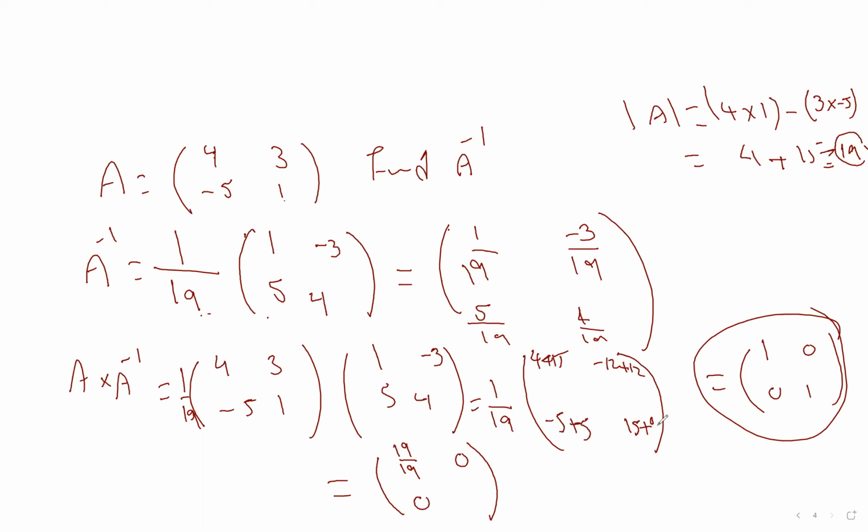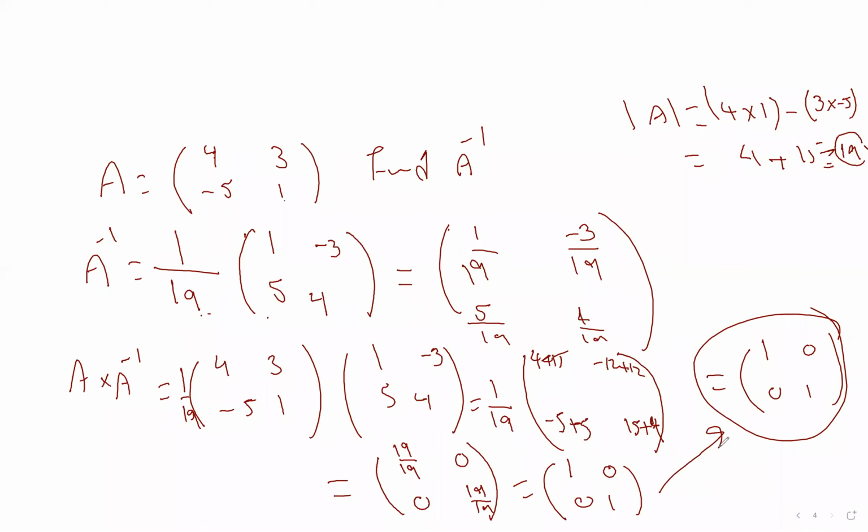Then 15 plus 4, because it was negative 3 times negative 5 is 15, and 1 times 4 is 4, so 15 plus 4 is 19 times 1 over 19, so 19 over 19. You will get 19 over 19, 1, 0, 0 and 1, the same identity.